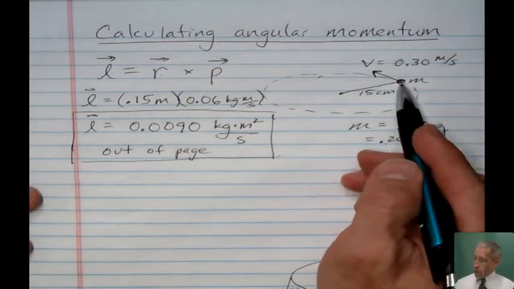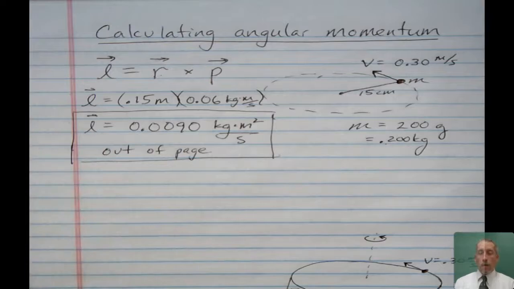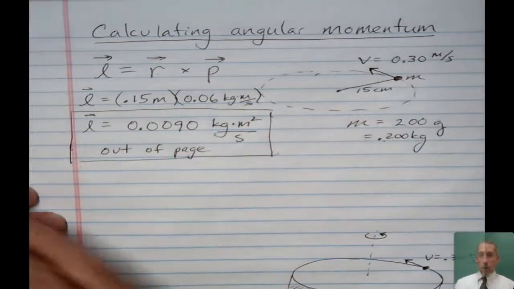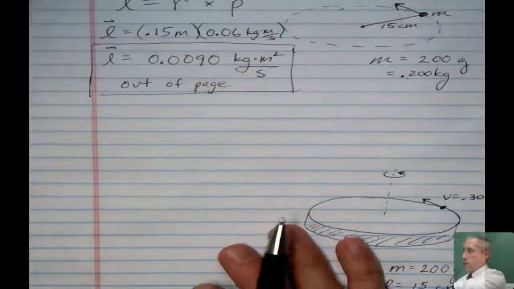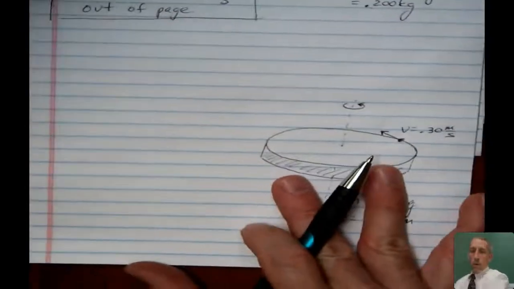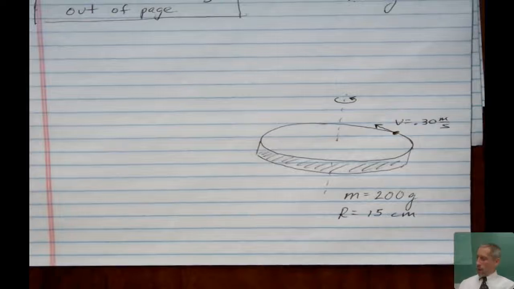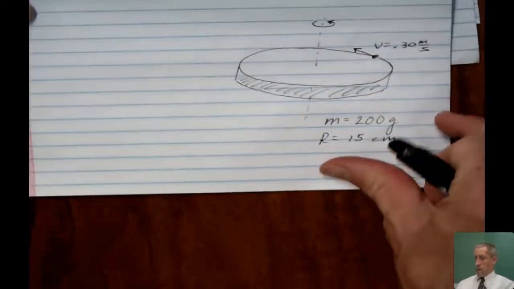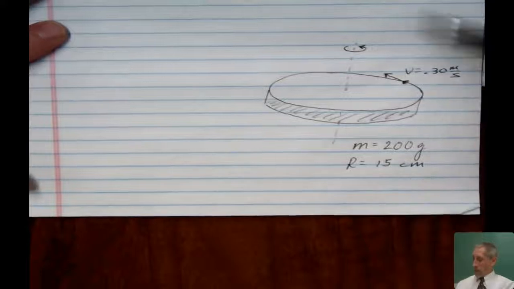So that's how we deal with a single object where all the momentum is contained in a nice small little package of mass. But let me show you a little different situation here. What if instead we have a disk, and maybe that disk is the exact same mass and the exact same size as our circularly moving object.